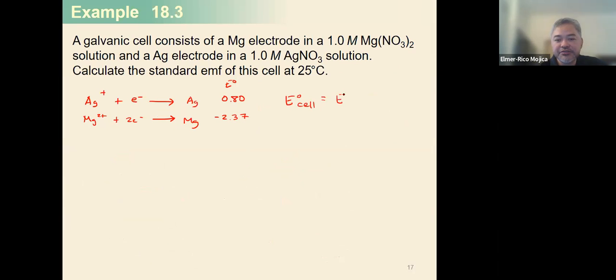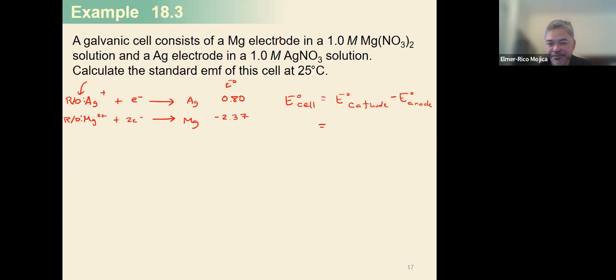So how are you going to solve it? Which is the cathode and which is the anode? Silver is what? Reduced or oxidized? What happened to silver?